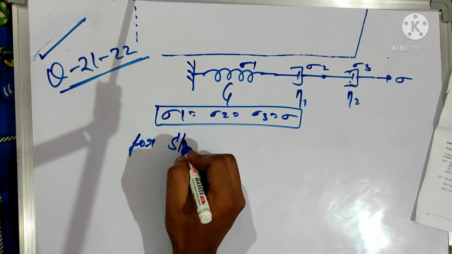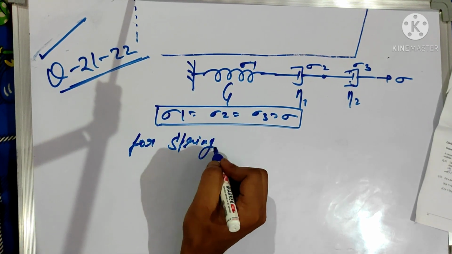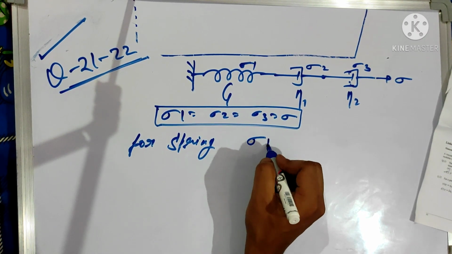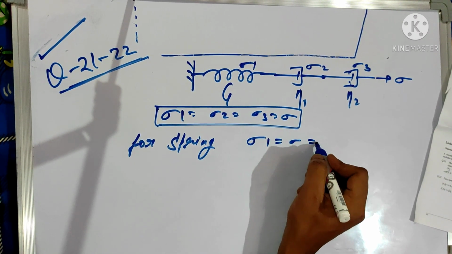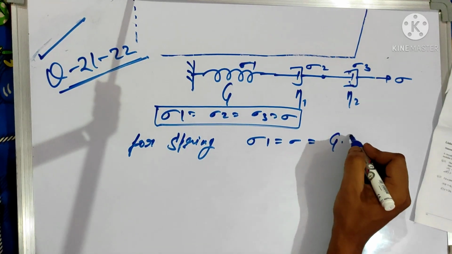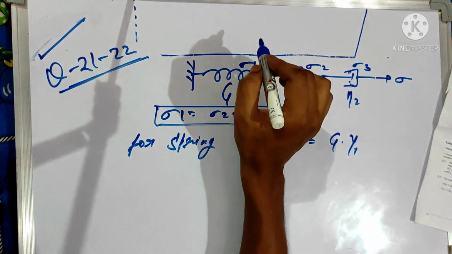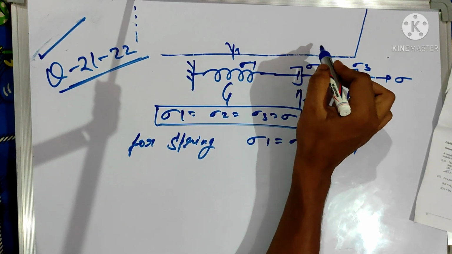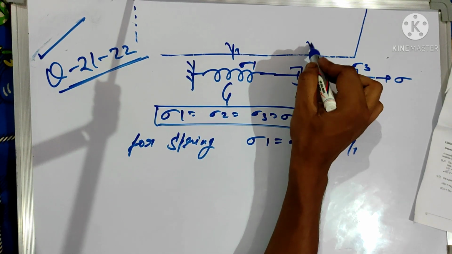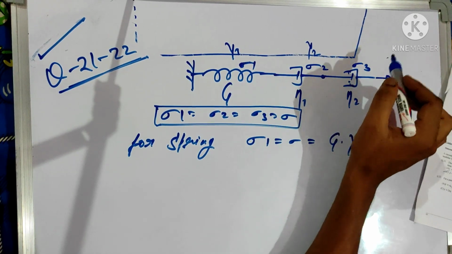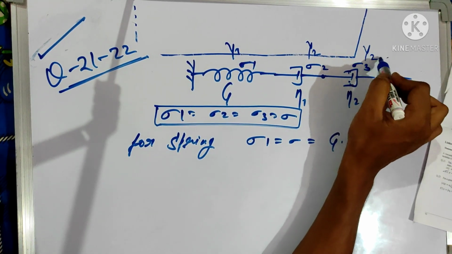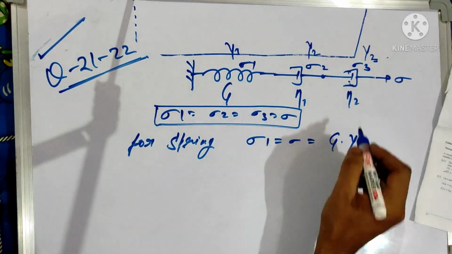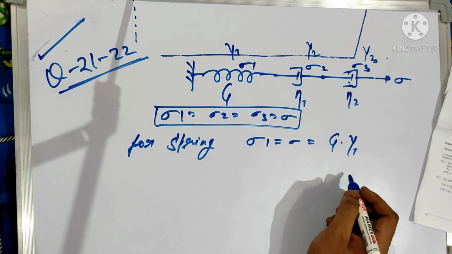For the spring, sigma 1 is equal to sigma, which is equal to G into gamma 1. Gamma 1 is the strain produced in the spring, gamma 2 is the strain produced in dashpot 1, and gamma 3 is the strain produced in dashpot 2.